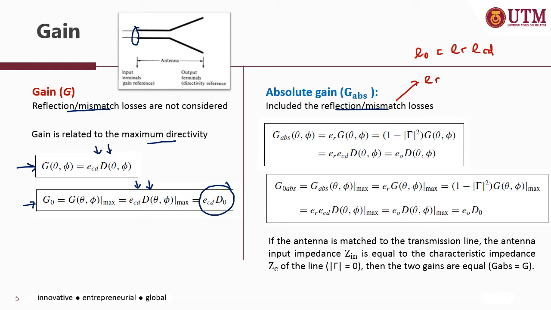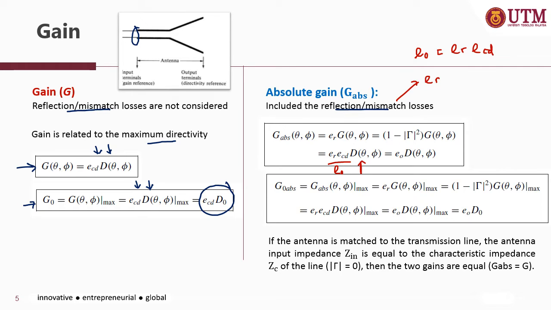So for gain, only ECD is considered, and for absolute gain, both ER and ECD are considered in the equation or in the calculation. So in this case, the absolute gain is equal to ER multiplied by ECD, or E naught, the total efficiency, multiplied by the directivity.